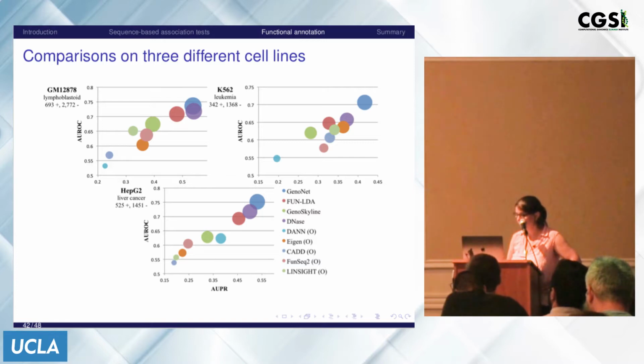On the x-axis is AUPR, on the y-axis is AUROC, and the size of the bubble relates to the correlation between the predicted and the true labels. So our method, GenoNet, is shown in blue, and overall, with respect to all these 3 criteria, GenoNet performs better than these existing methods.